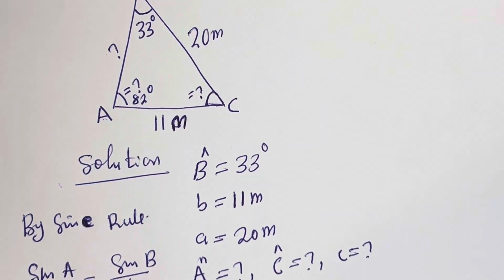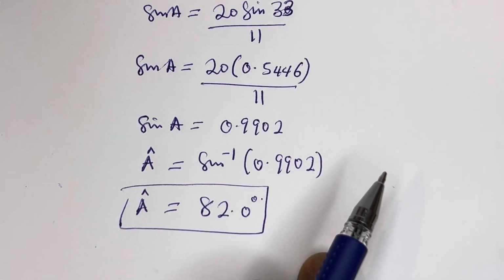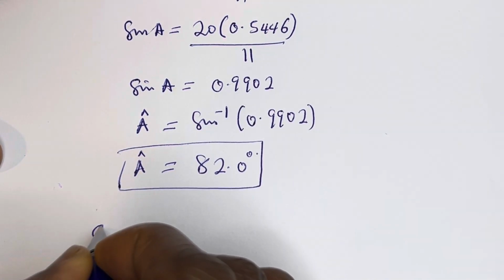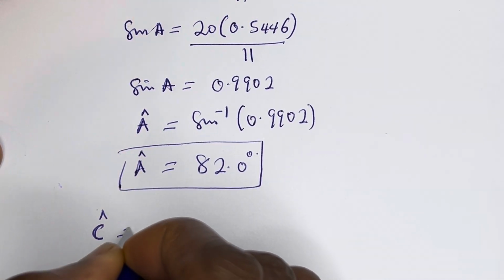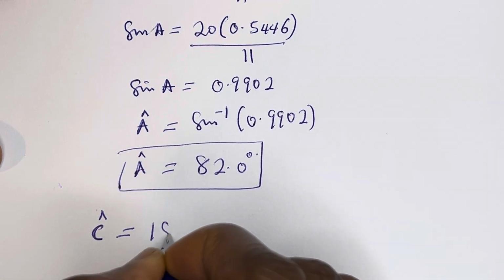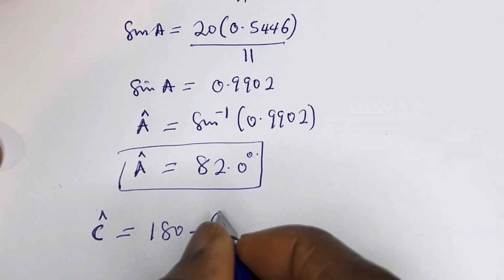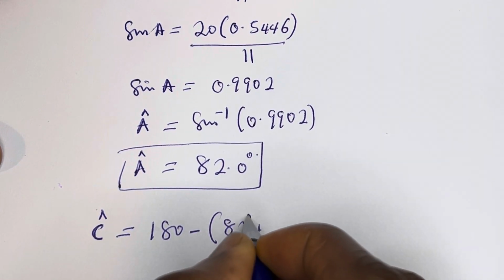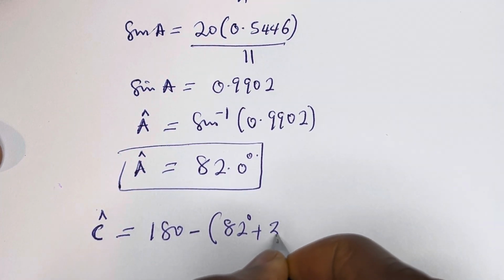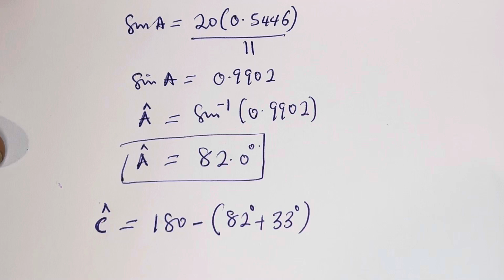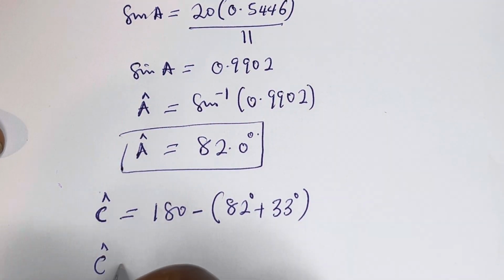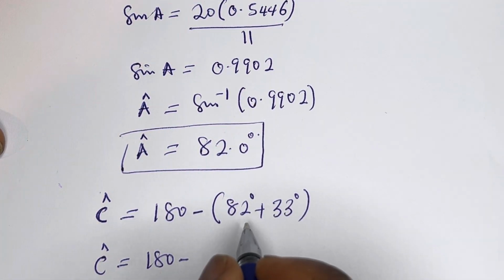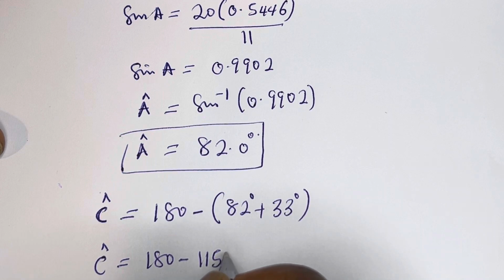So then from here, angle C is equal to, now the total is 180 minus angle A, which is 82, plus angle B, which is 33 degrees. Then 180 minus 82 plus 33 is 115 degrees.